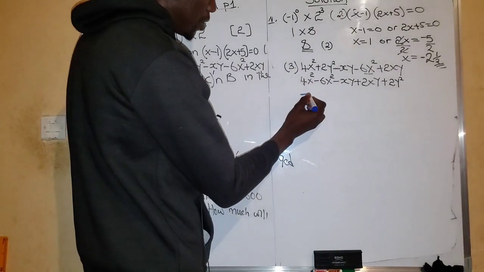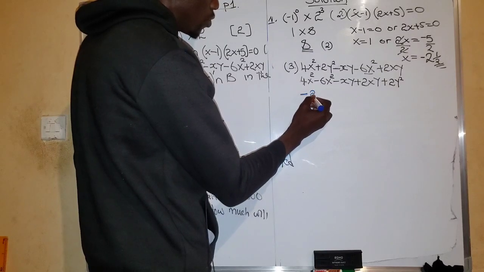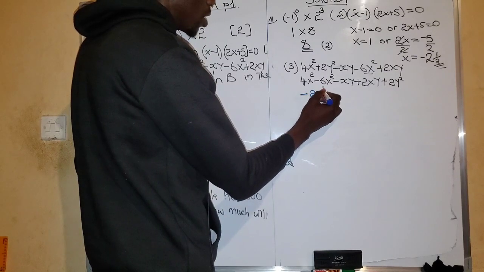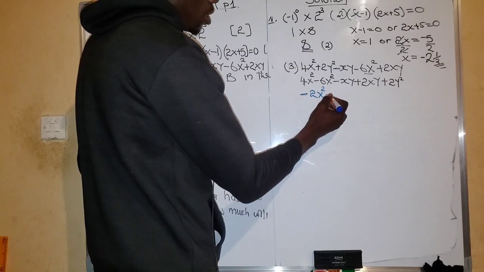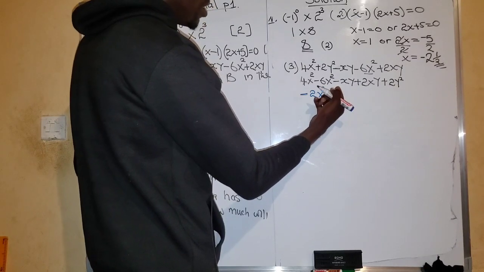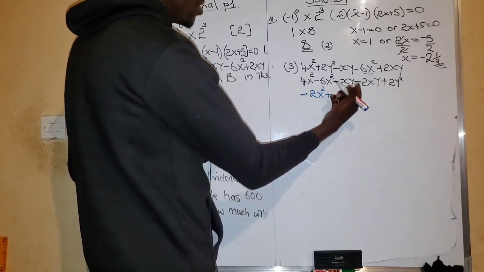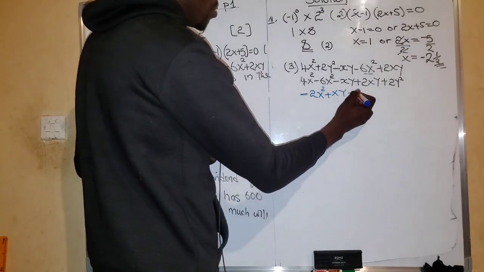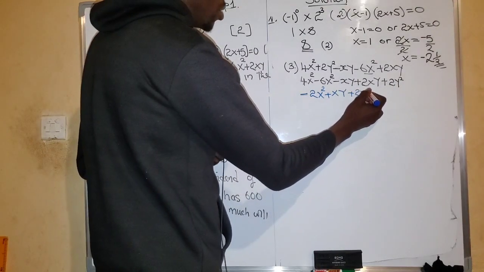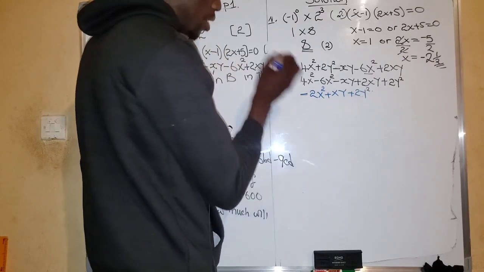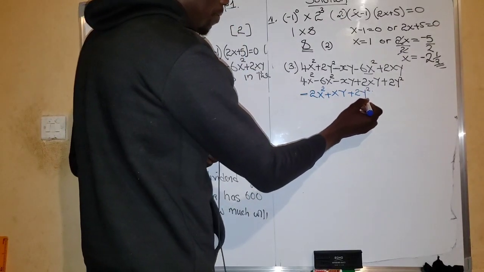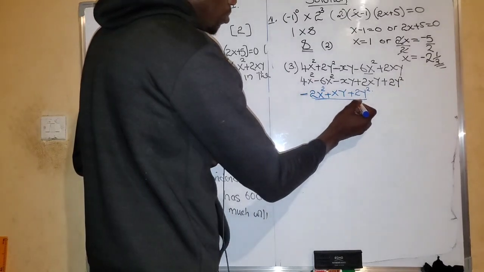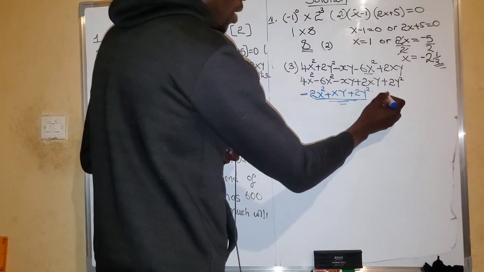It will give us negative 2x squared, plus, when the signs are different, we subtract and get the sign from the bigger number, plus xy plus 2y squared. So this becomes our answer.